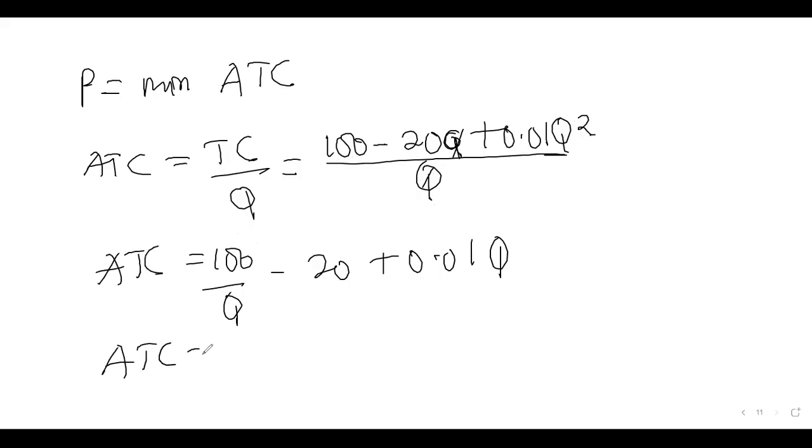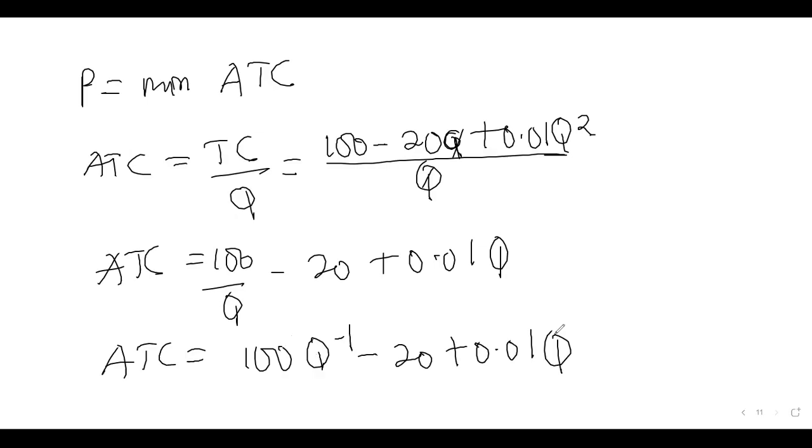So average total cost is equal to 100Q to the power negative 1, because the Q is in the denominator, so I can rewrite it as this, minus 20 plus 0.01Q. Okay, so this is the average total cost function. Now we want to find the minimum of the average total cost.